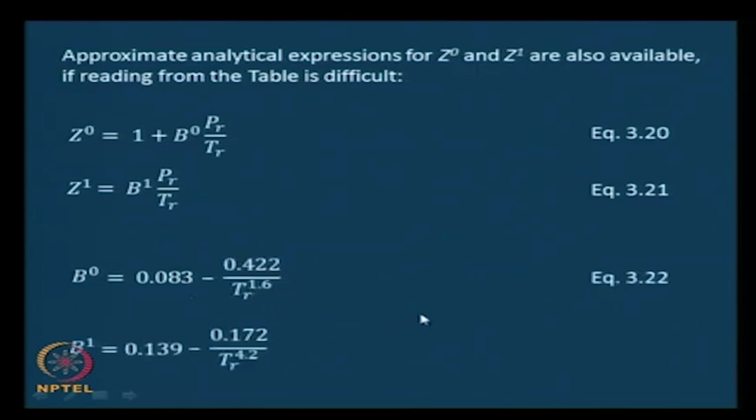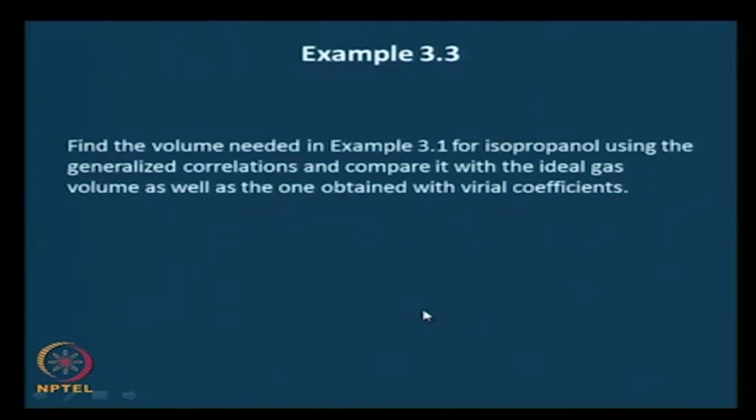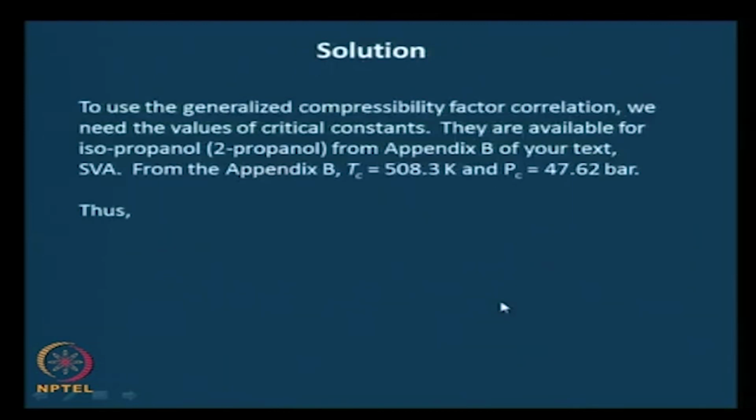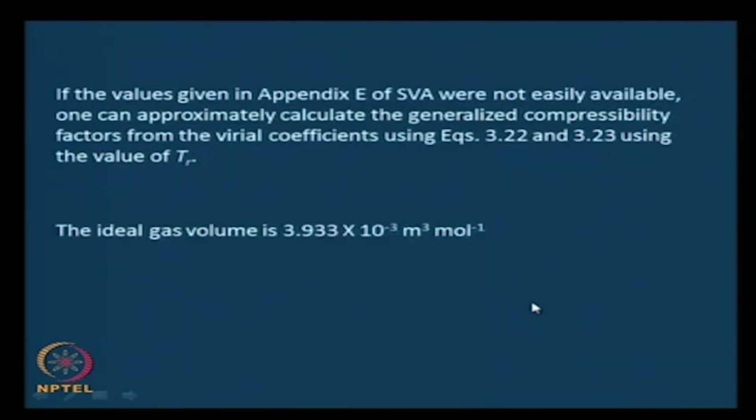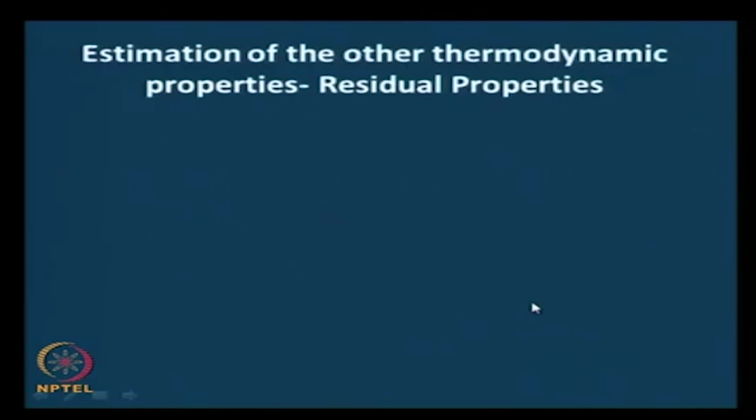B0 and B1 are given in terms of TR. Then we worked out an example where we applied the generalized correlation and also compared it with the ideal gas and the virial correlations, so the values obtained from those. So, that was one major part of the module.